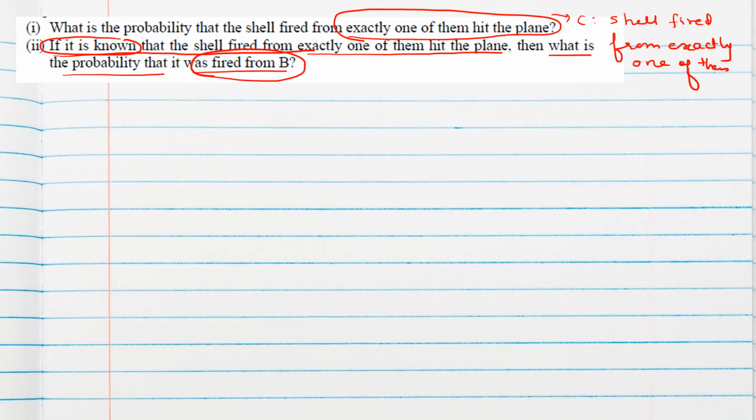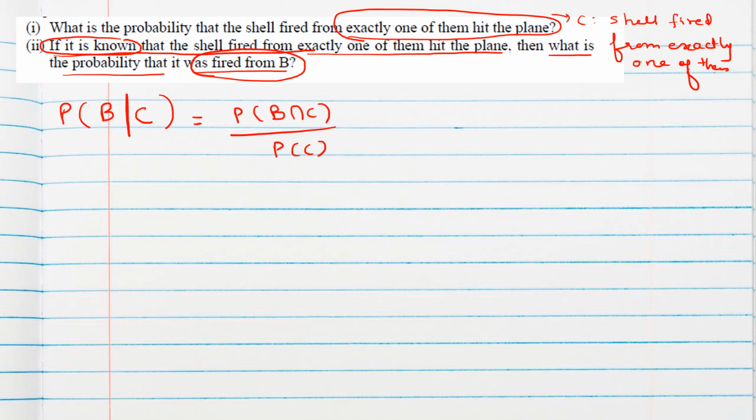So that means probability of B, when it is given that C had already happened. We know the formula for conditional probability: P of B intersection C divided by P of C. P of C we know already from question 1, that is 0.38.